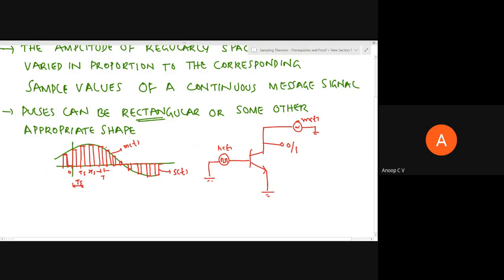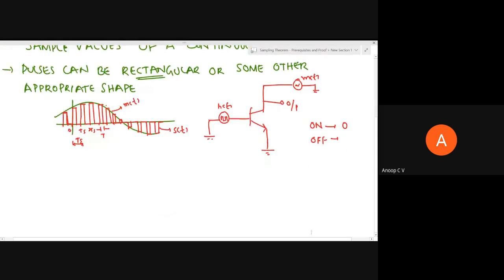So this is the output. When this transistor is on, the output will be 0, and during the other half cycle, this transistor will be off. At that time, whatever is given to the collector will be available at the output. I just want you to differentiate between pulse amplitude modulation, which is also called sample and hold or flat top sampling.